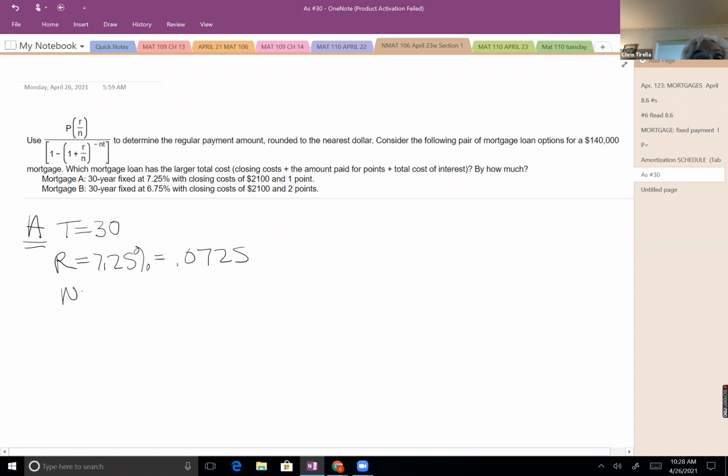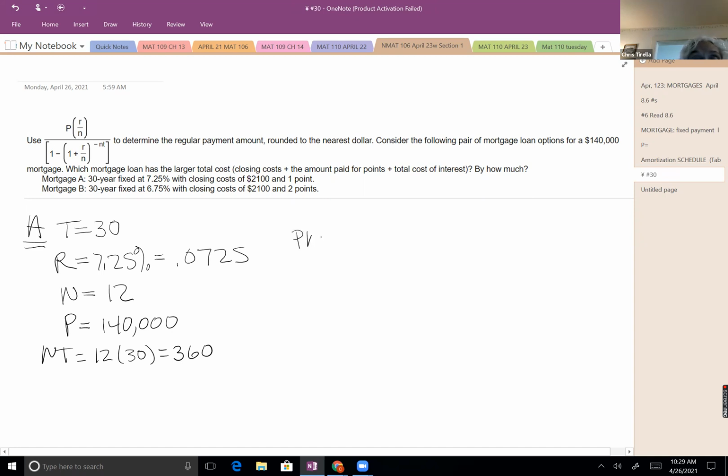The payments will be monthly. Well, it doesn't state it. With mortgages, you usually can assume that. And the amount that we're borrowing is $140,000. And N times T would be that 12 times that 30, or that we're making 360 payments.